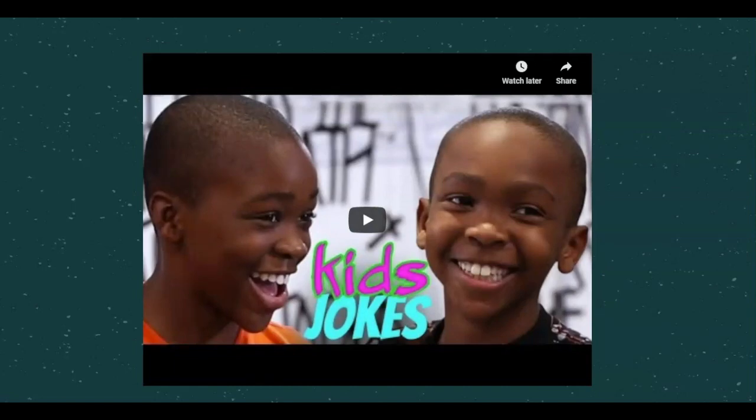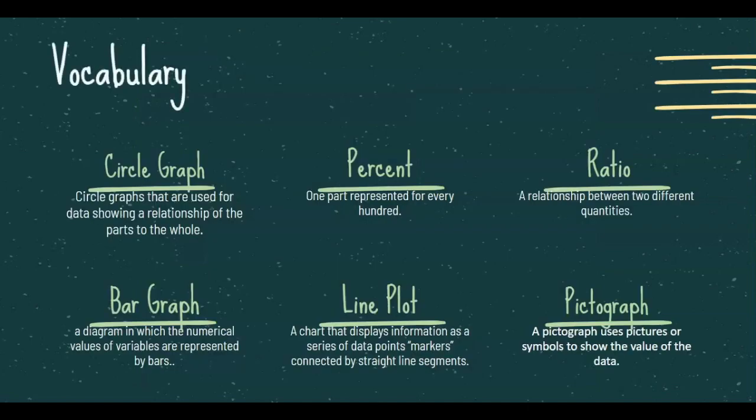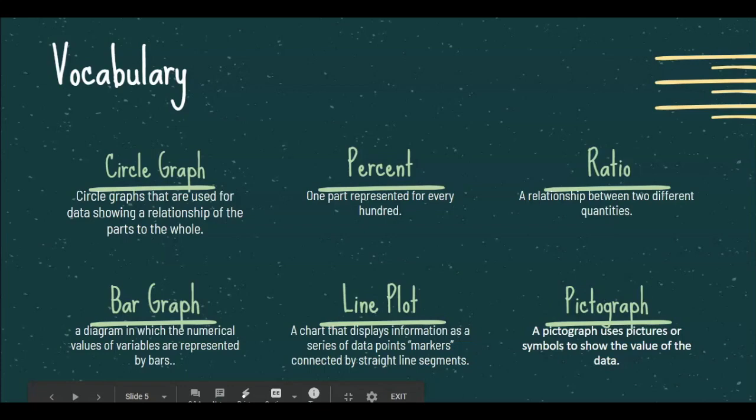All right, so some of the definitions that we will need to focus on are as follows. So we have circle graphs, percent, ratios, bar graphs, line plots, and pictographs. Just focus on these definitions as we go through each of the slides and we will apply them.